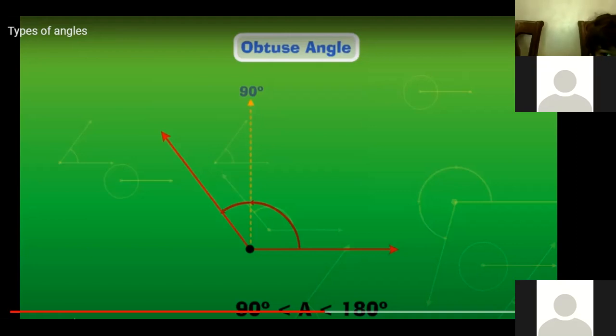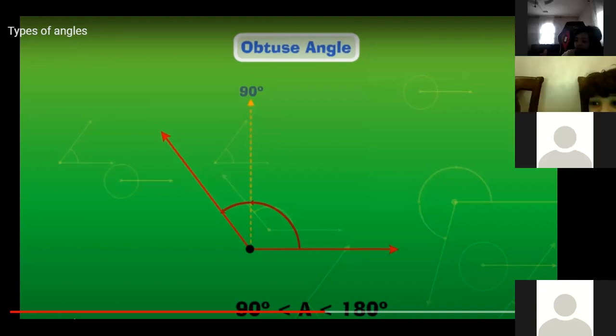Muhammad, what is the type of this one? What is the type of the angle? We had three types. We said acute angle like that, and also we have the right angle like that.